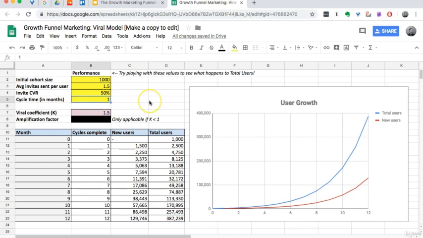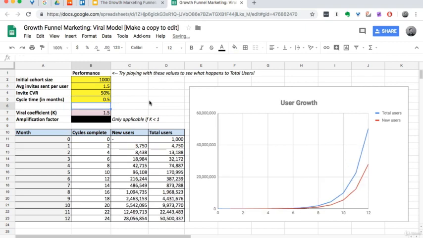But if we were just to put that cycle time in half, suddenly we have 50 million users. Pretty insane how big of a difference that is. And that's because now we have 24 cycles complete by month 12 instead of only having 12, which now is at month 6. So just like rabbits, as you can see, viral cycle time is really, really important.